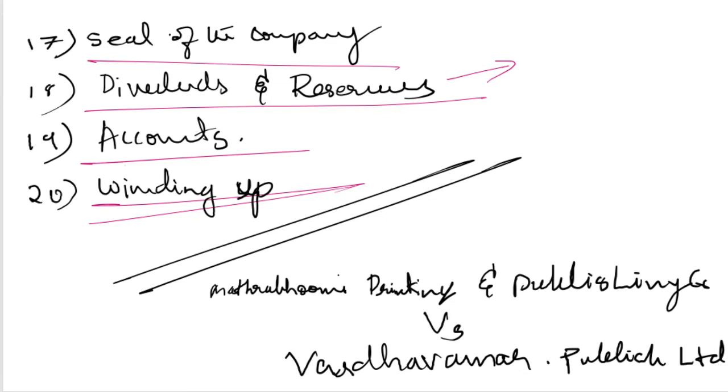So here the Kerala High Court held that the power conferred on the company under section 31 to alter articles of association by special resolution should not be abused by the majority of shareholders in order to oppress the minority. So the alteration must not sanction anything which is illegal. So you can do alteration, but you cannot do the alteration with a view to suppressing the rights of the shareholders. So in such cases, you cannot alter articles of association.